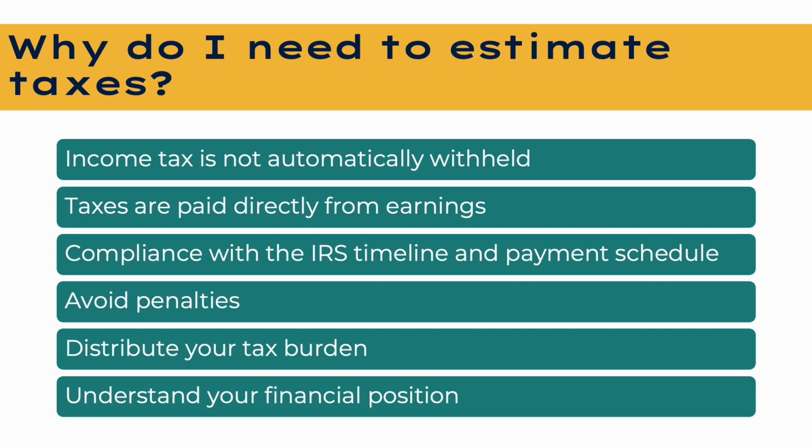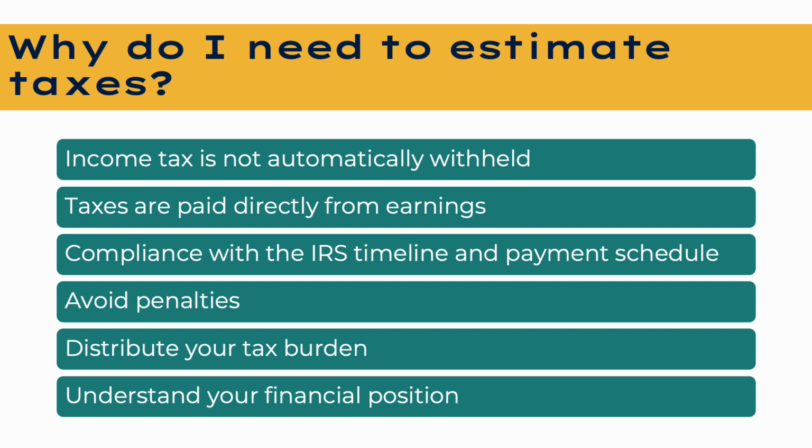As a business owner, you need to pay estimated taxes because your income tax is not automatically withheld from your earnings throughout the year. While W-2 employees have their taxes withheld by their employer, self-employed childcare business owners are responsible for paying their taxes directly from their earnings, and you must do so by the timeline and schedule set by the IRS. For example, let's say you earned $8,000 in your childcare business during the first quarter of the year.